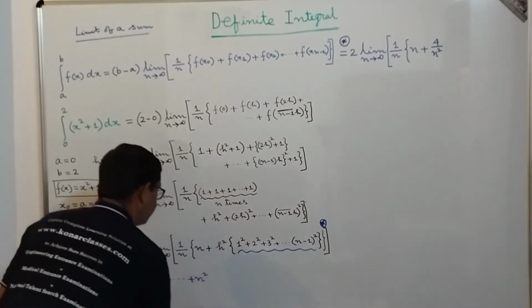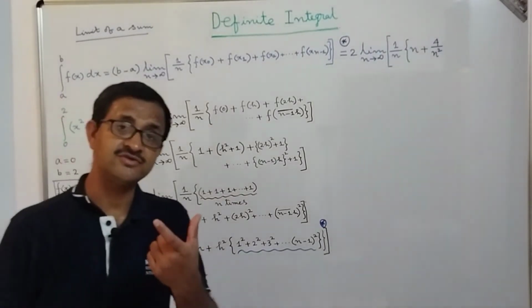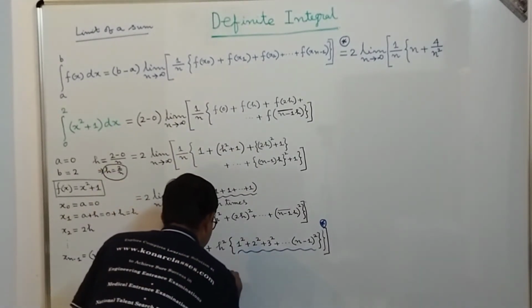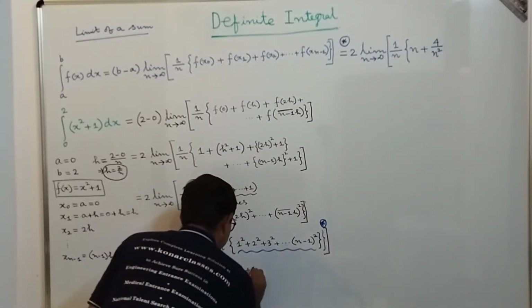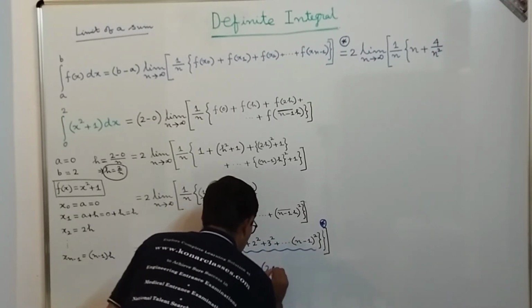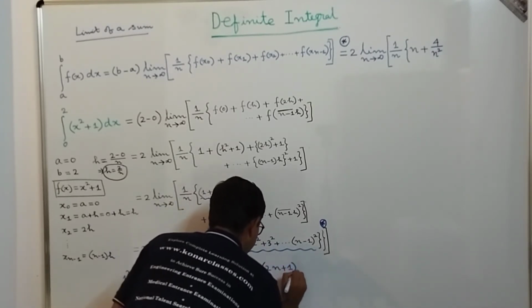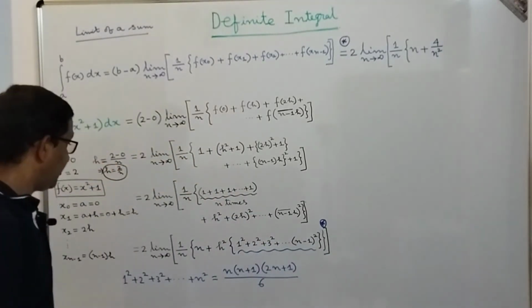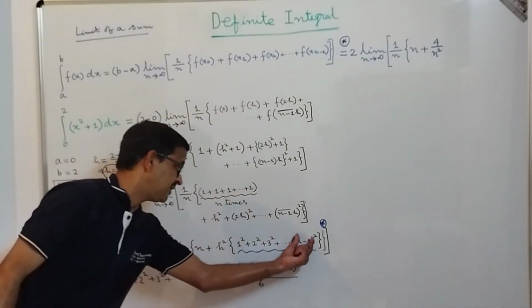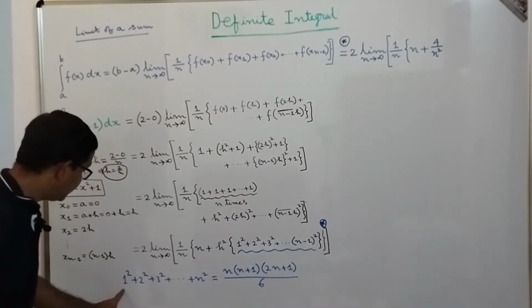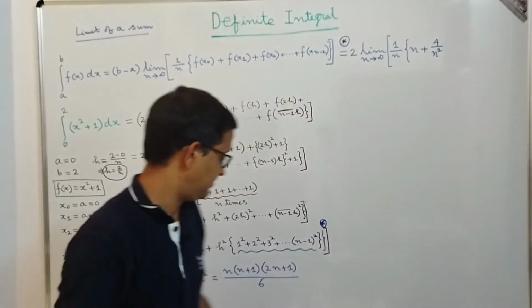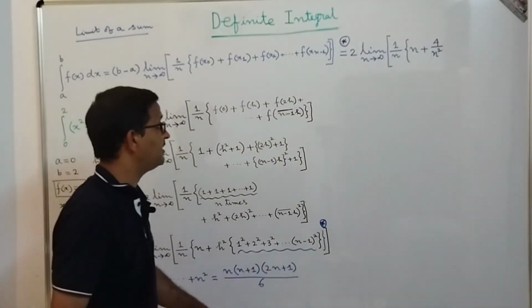That means the sum of the squares of the first n natural numbers. That is equal to n into n plus 1 into 2n plus 1 divided by 6. Correct? But what we have is n minus 1 whole square, that means the sum of the squares of the first n minus 1 natural numbers. That means we should replace n by n minus 1.